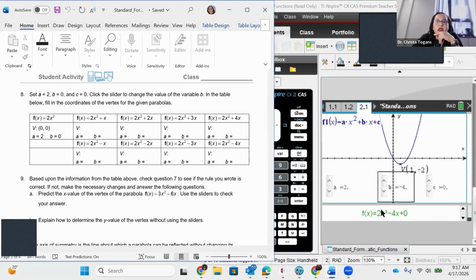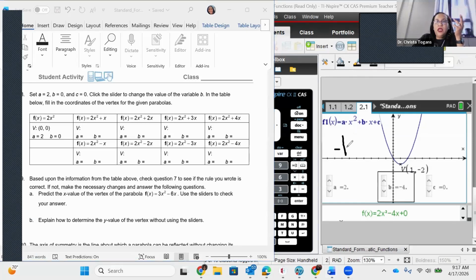So it's -b over 2a, right? So to find the vertex, it's -b over 2a, right? So it would be the negative of -4, or sorry, that's +4. And then 2 times 2, right? Do you see that? And that's how I get the number 1. And you see the 1 right here?